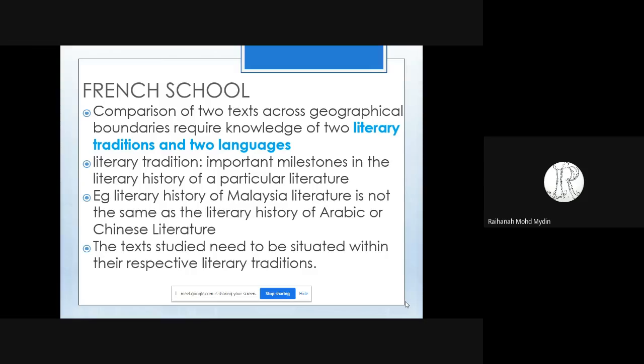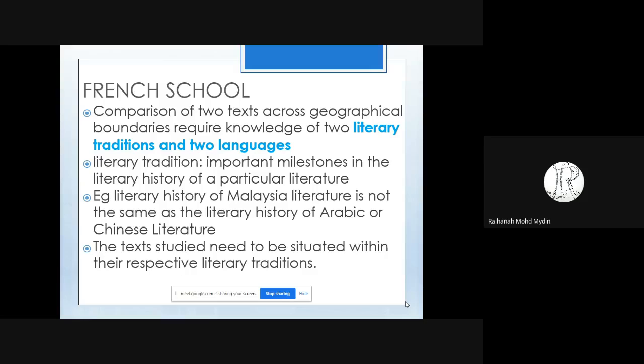What was the history of the literature produced by that community, by that nation, in that land? So for instance, if you read Malaysian literature in English, you need to understand the history that came about in the development of Malaysian literature. That history is not the same as the literary history of Arabic literature or Chinese literature.